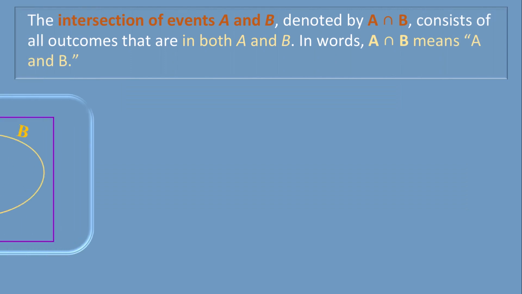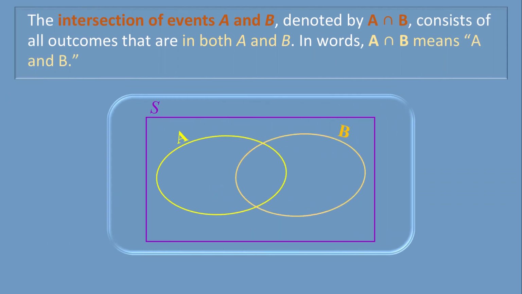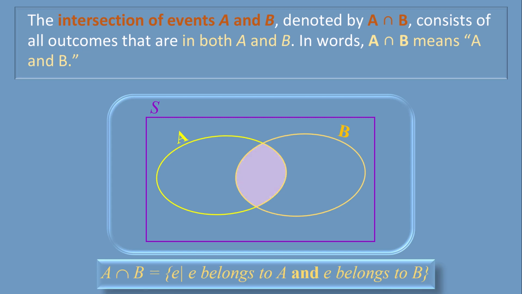Now let me explain the intersection. The intersection of events A and B, denoted by A intersection B, you see the notation, consists of all outcomes that are in both A and B. So this is the common area of both A and B. That means that is A intersection B. So what is the area left of the common region but in A?